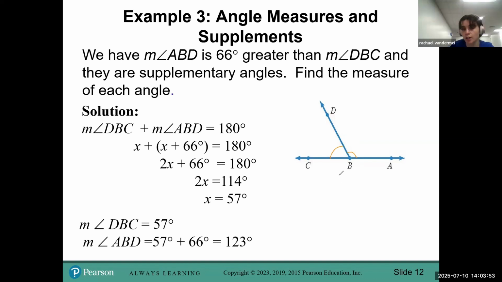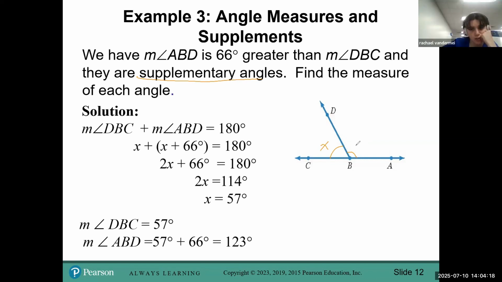Yeah, they're supplementary. So they add up to 180. And we don't know what either of them measures, but we know that ABD is bigger than DBC by 66 degrees. So if I call this one X, and this one is 66 degrees bigger, what would this one have to be?